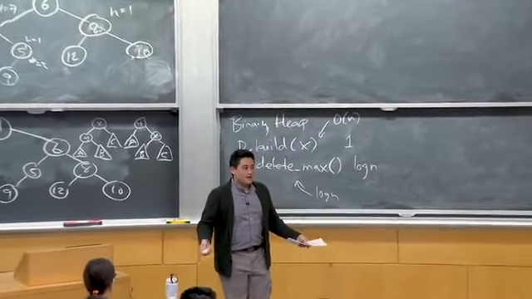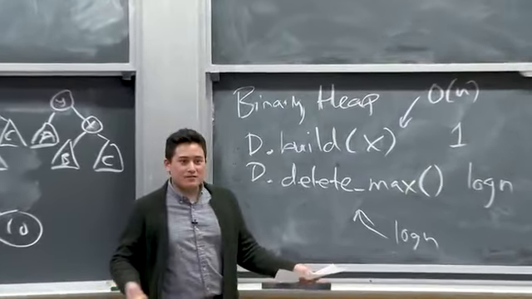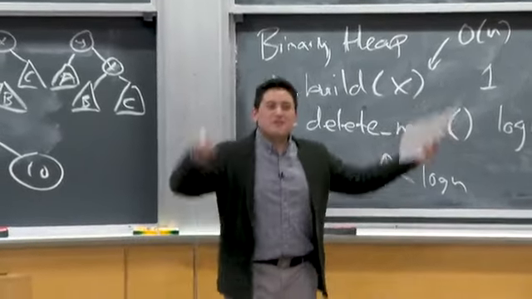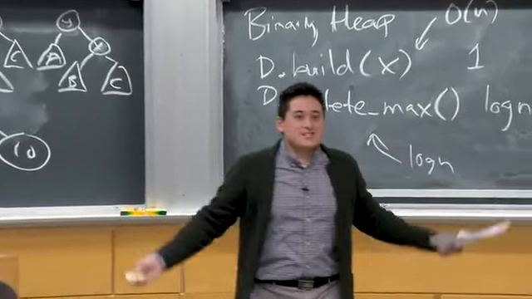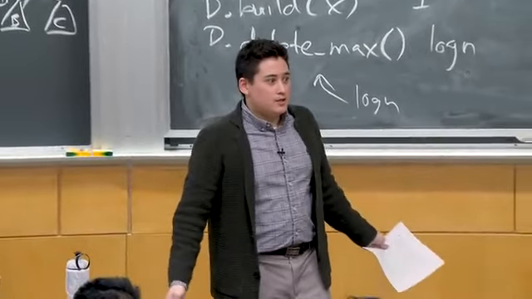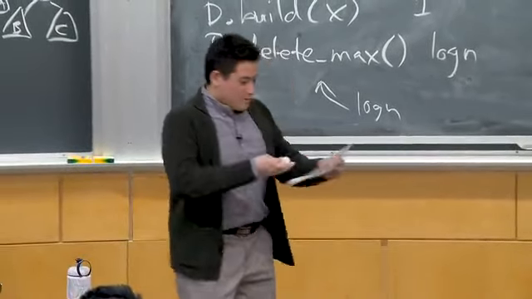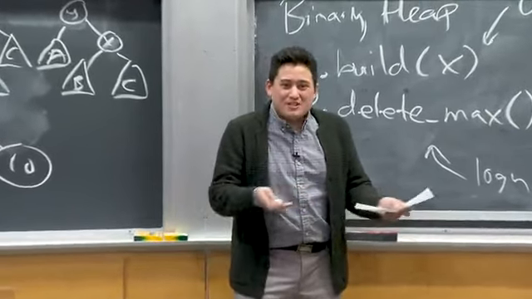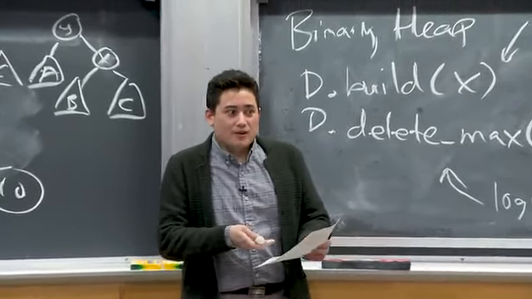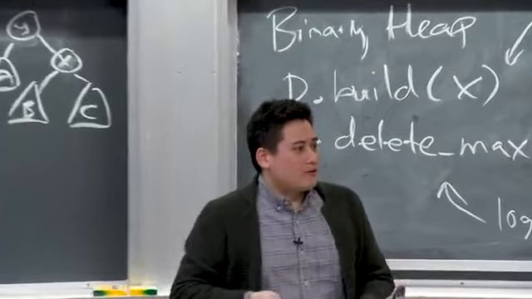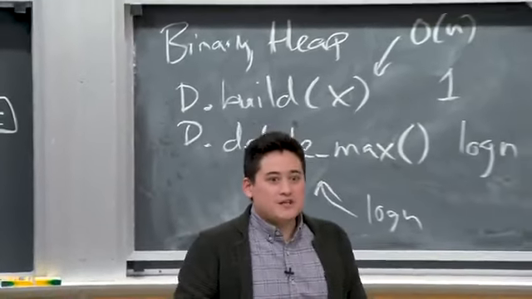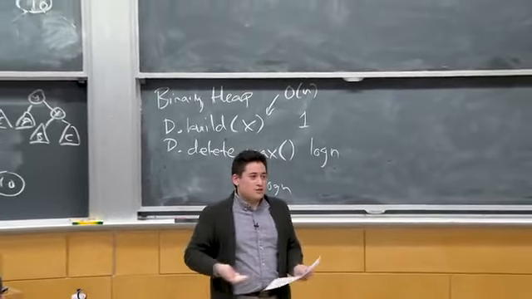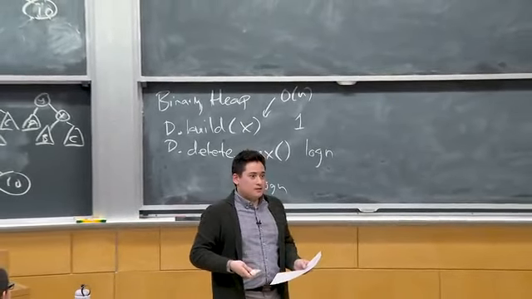I can do fewer things than I could before. It's less powerful than my previous situation where I had as much space as I wanted to use. So it makes sense that maybe I couldn't get the running time bound that we had before. Maybe I have to sacrifice something because I'm in a more restrictive computational setting.